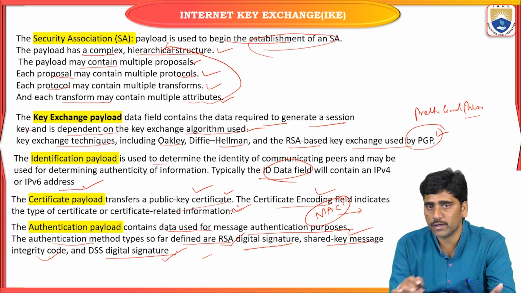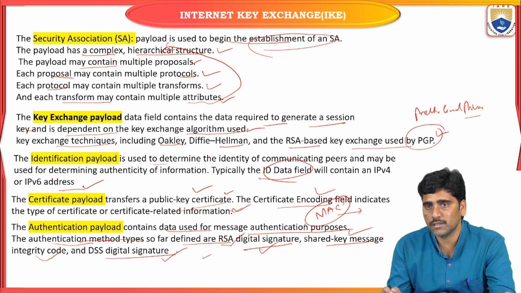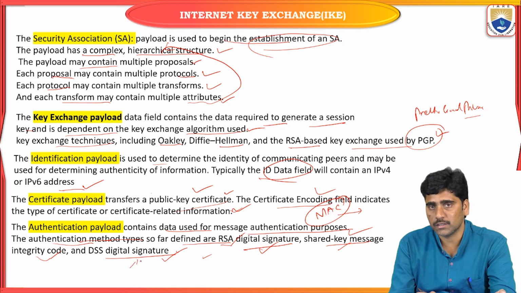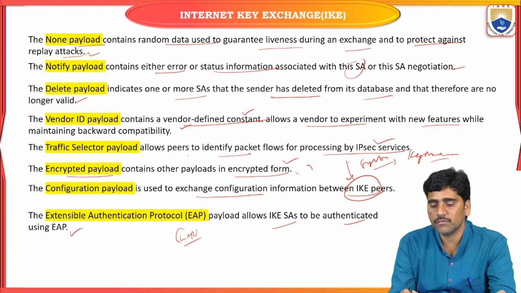The authentication payload contains the authentication method types, like RSA digital signature, shared key integrity code, and digital signature processes. And next, the nonce payload is used to give a guarantee for the exchange of the keys.